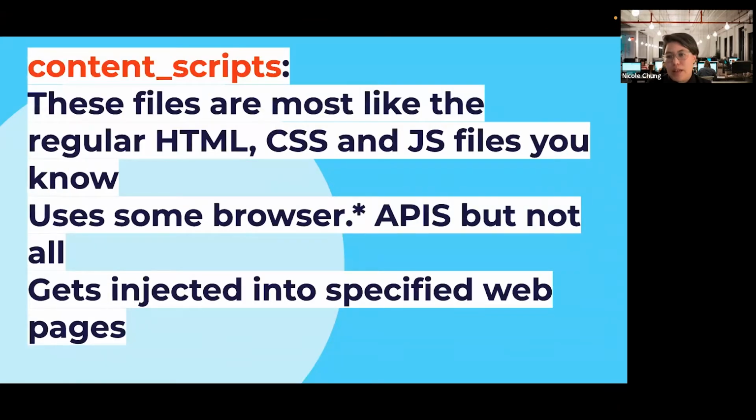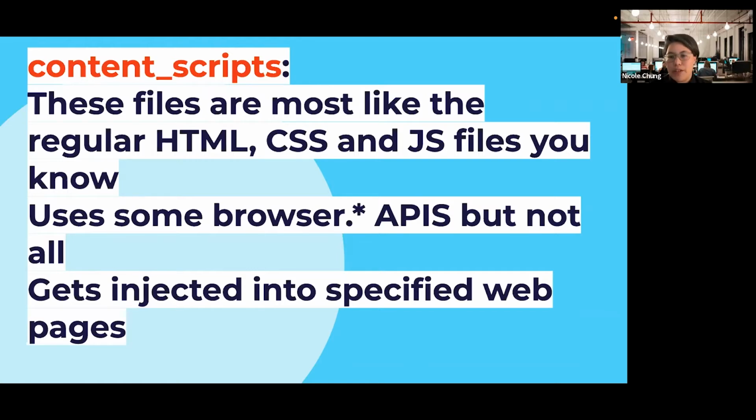Content scripts is one thing we're going to focus on quite a bit. These files are most like the regular HTML, CSS, and JavaScript files. It uses some web extension APIs, but for security reasons, it doesn't use all. There are other permissions that are locked off in the world of the extension, and it's a security thing, so extensions can't do malicious things to people's web pages.